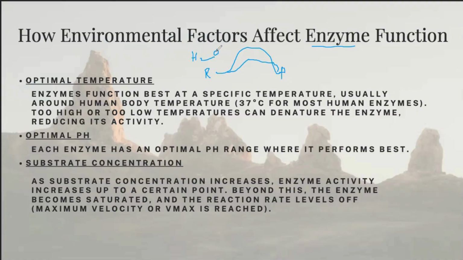So if we have H2O, that ends up breaking down into some hydrogens and some oxygens. Please note that this is not a chemical reaction per se that's balanced. I'm just showing you that you have some hydrogens and oxygens that break off.